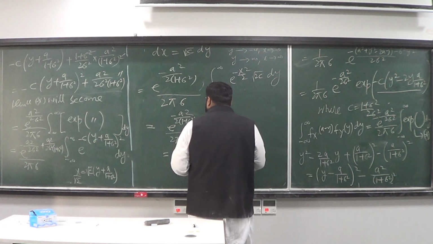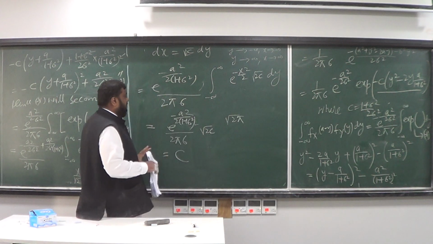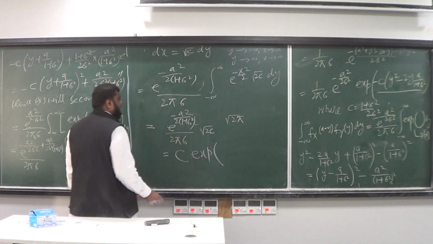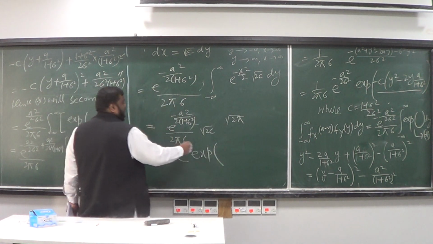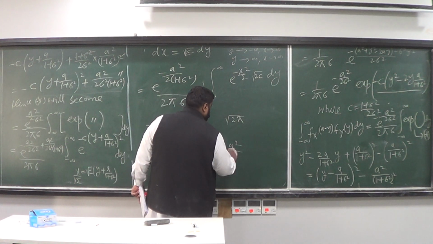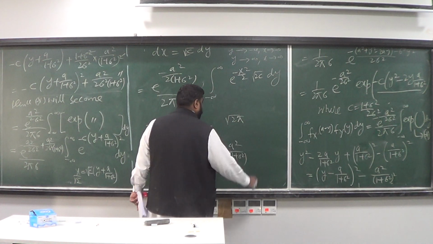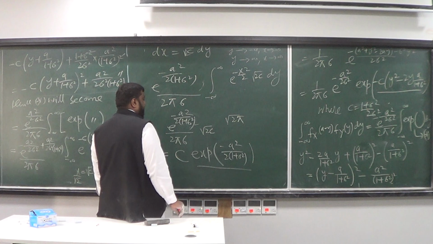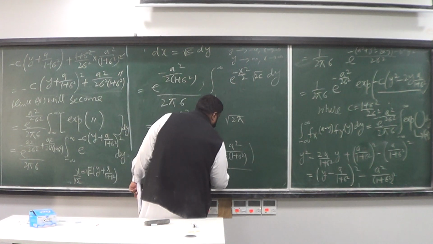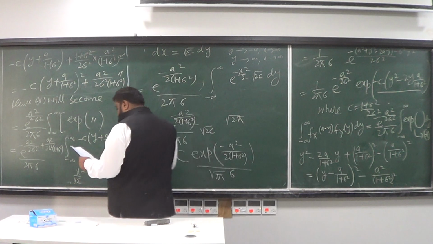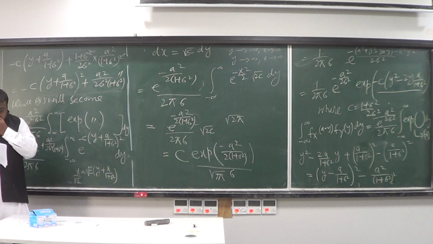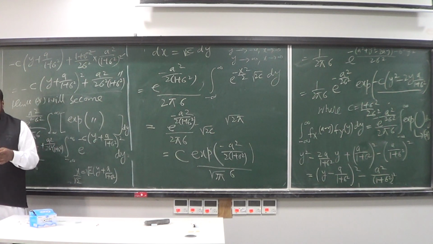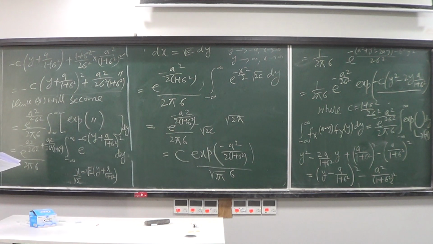Okay, and if you wish you can make more simplification, but what remains is going to be the exponential of a square over 2 times 1 plus sigma square, divided by square root of 2 pi sigma. This is what you're going to get.